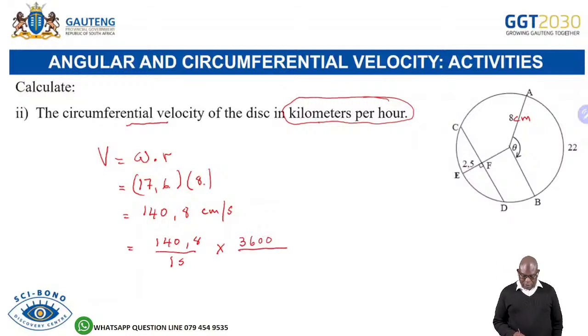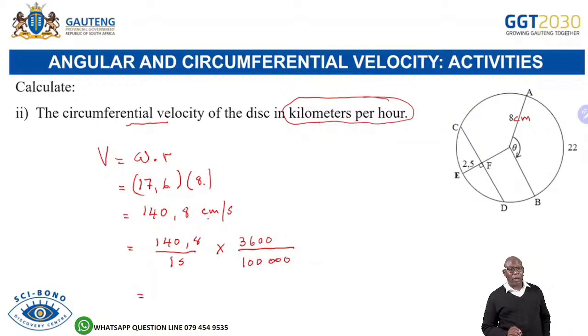Then divide by 100,000, because I want to take my centimeters to kilometers. So the seconds will cancel out, and the centimeters will change to kilometers.